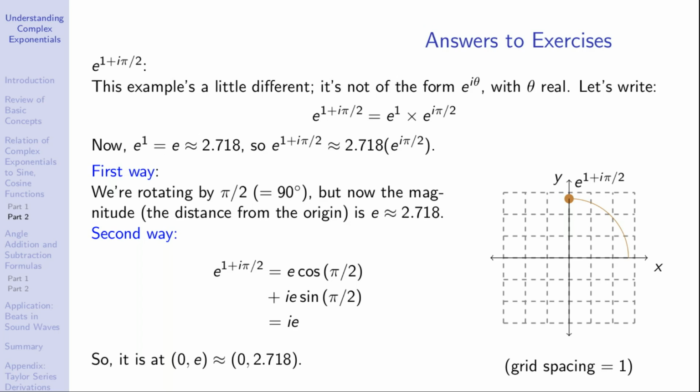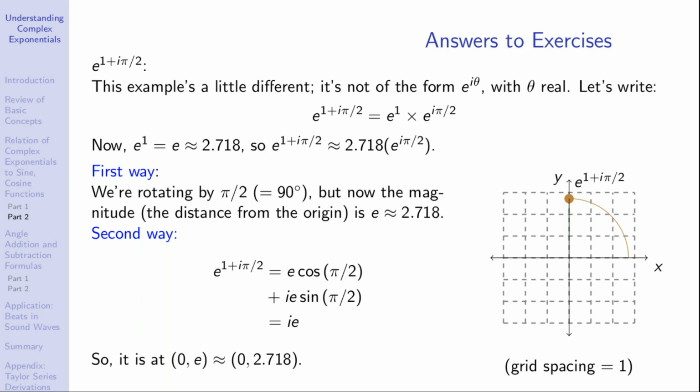Okay, so the first way we're going to look at this, we're rotating by pi over 2, so that's 90 degrees. But now the magnitude, the distance from the origin, instead of being 1, is e, so approximately 2.718.